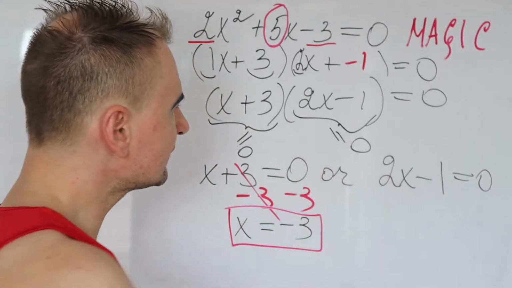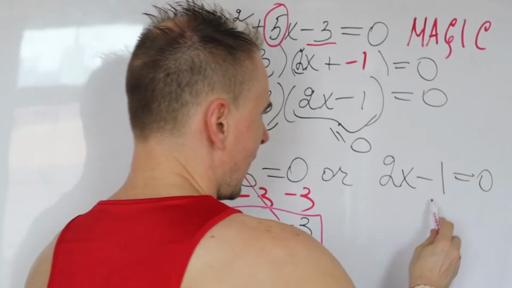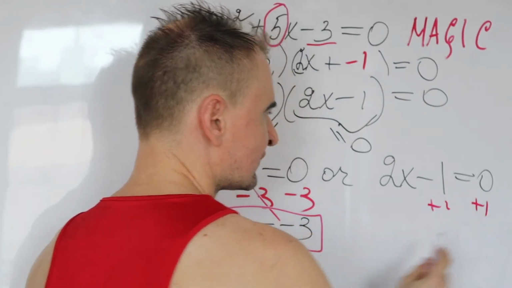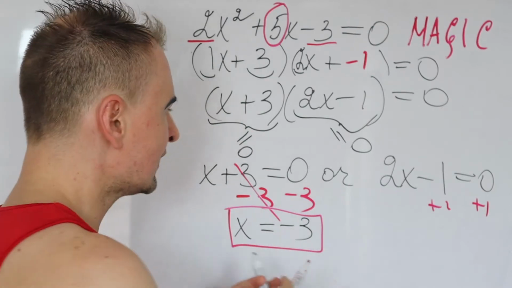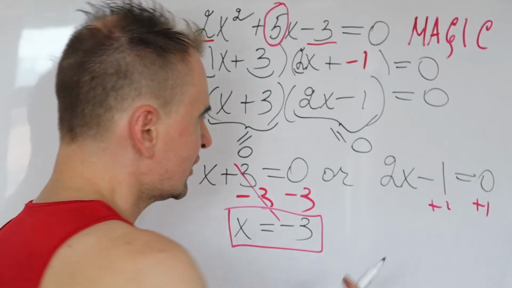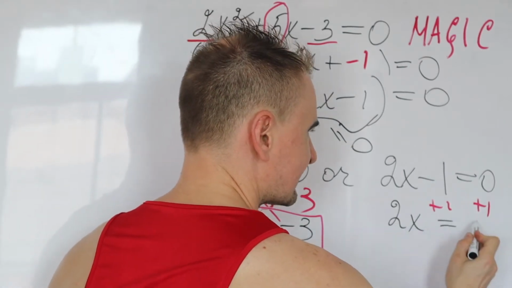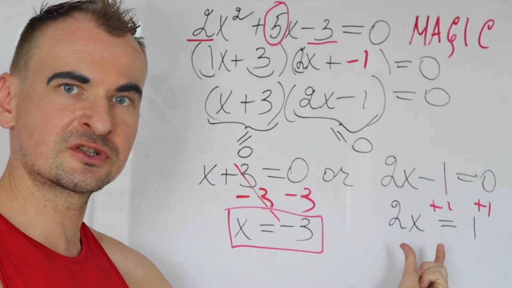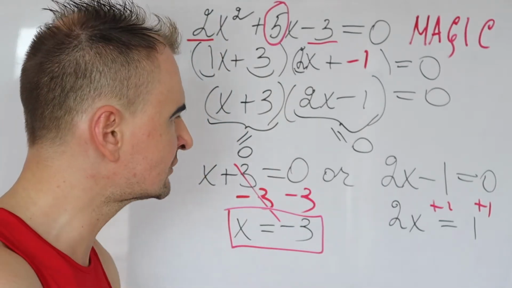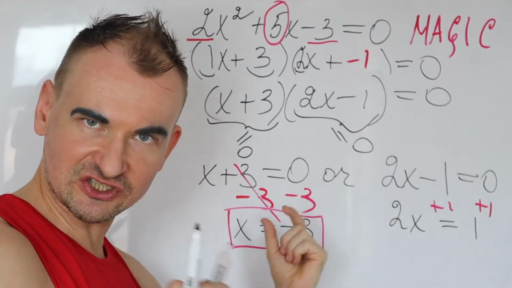In the same way, you move this one by adding 1 to both sides. So do the same thing to both sides to keep it balanced. So in the next line it becomes 2x equals just 1. And now you are looking for x. You want to get x alone. So to achieve this, anything attached to your x, just divide out.